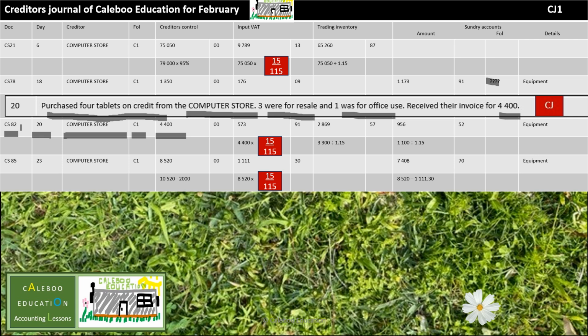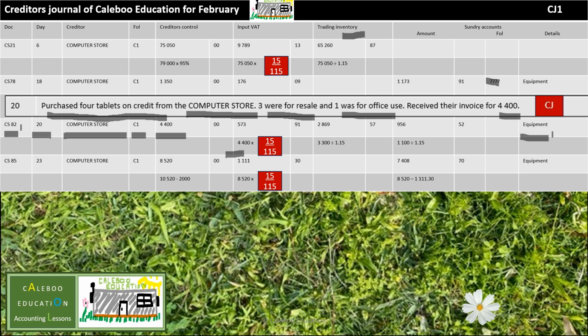Now we can claim input VAT on the whole amount because trading inventory is standard rated and the one tablet is going to be used for business equipment. 3 tablets are being used for resale stock, so 3 tablets trading inventory and the 1 tablet is equipment.